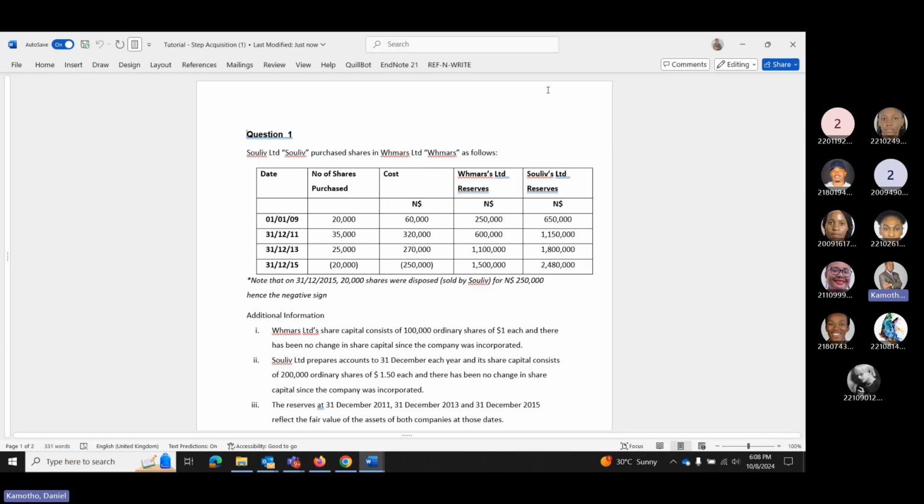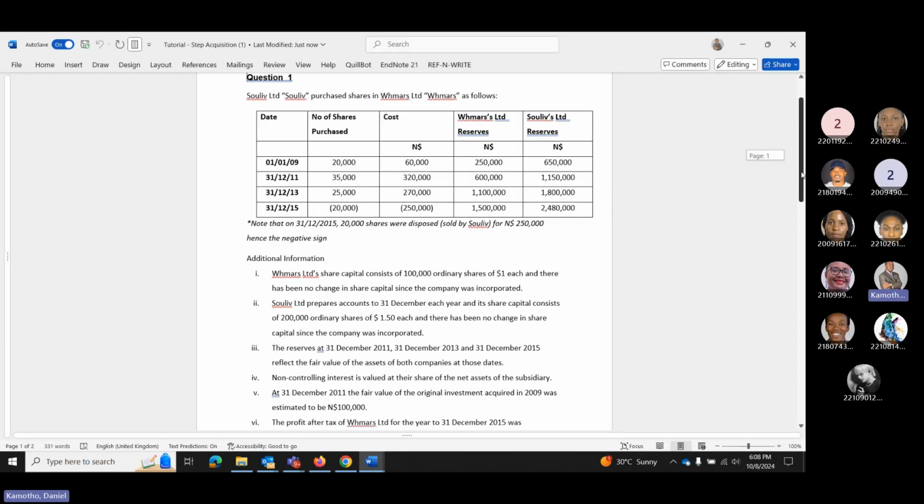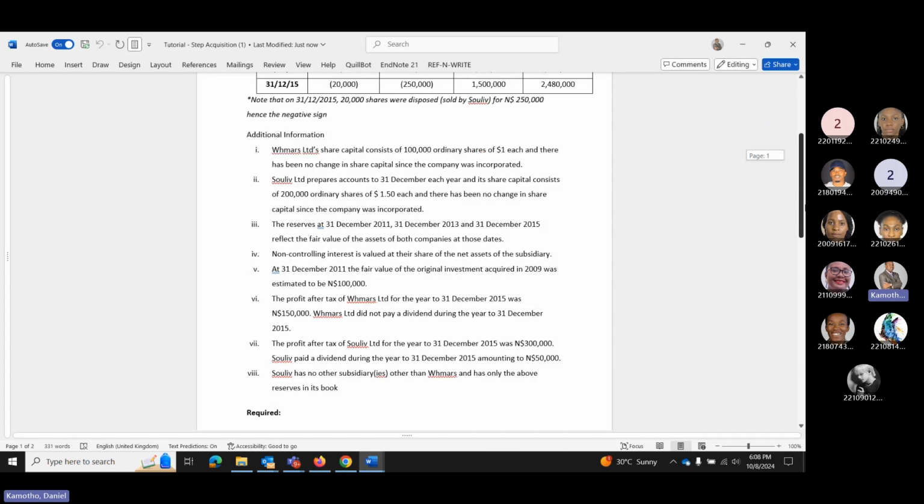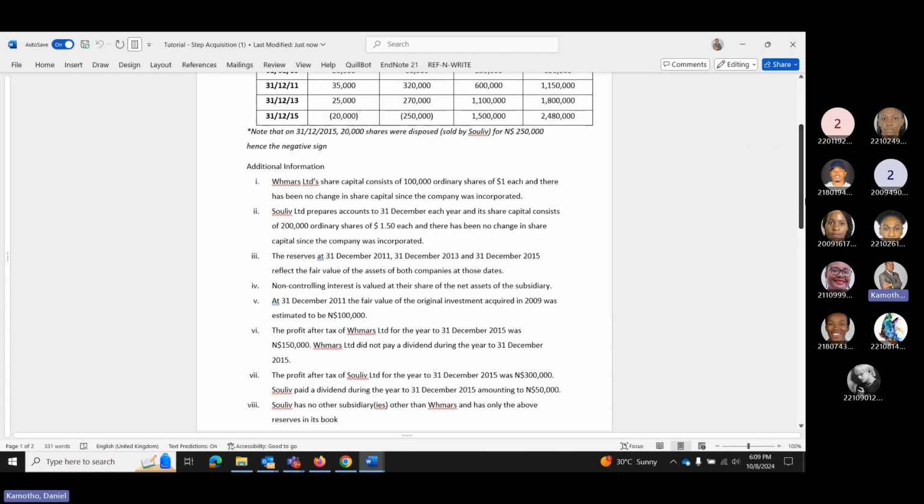Then additional information, if we go through it, it says YMAS share capital consists of 100,000 ordinary shares of $1 each. So the ordinary share capital is 100,000, and there has been no change in share capital since the company was incorporated. So it has always had 100,000 shares.